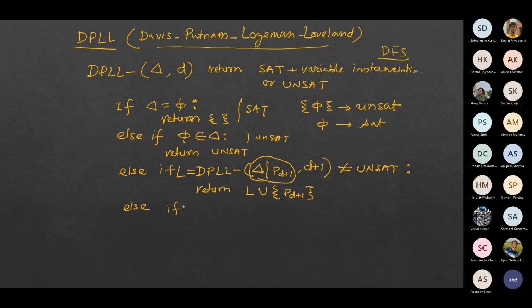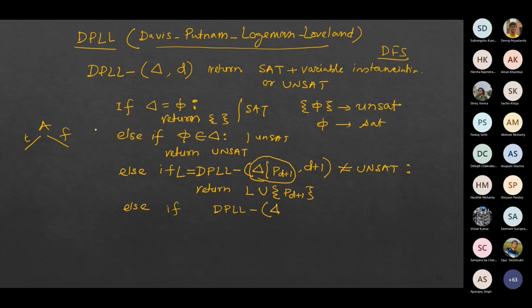And what is the other case? The other case is we are calling this recursive function on the other branch, which is the negative branch. So for one literal, we are taking a true value in the left branch and a false value in the right branch, right?